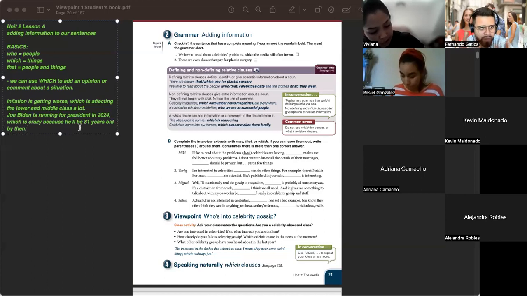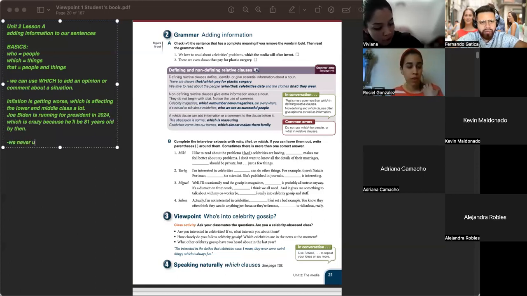So that's one thing that we learned about this lesson. Another thing is that we never use that after a comma. Never use that after a comma.